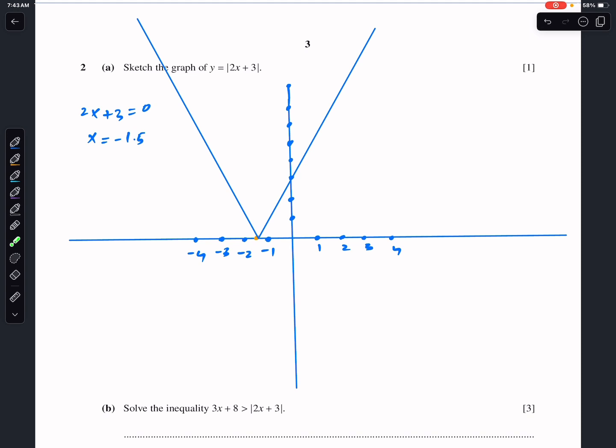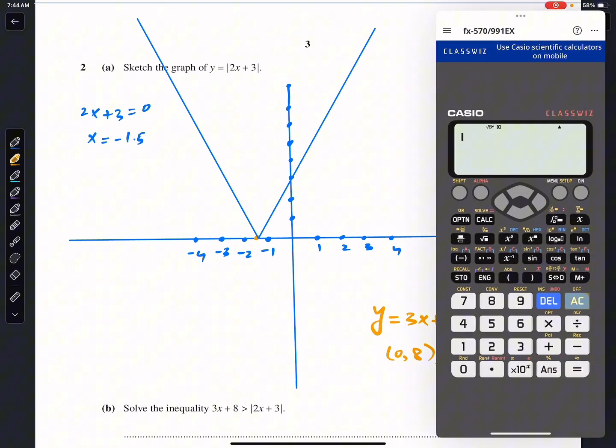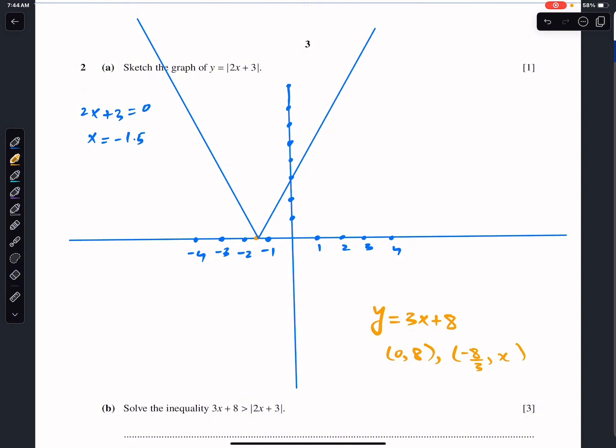So first of all, draw the line y is equal to 3x plus 8 on the above graph. So let's say if I draw y is equal to 3x plus 8, so simply put x as 0, you will get 8, and then if you put y as 0, you will get x as minus 8 over 3, and minus 8 over 3 is simply minus 2.66, okay?